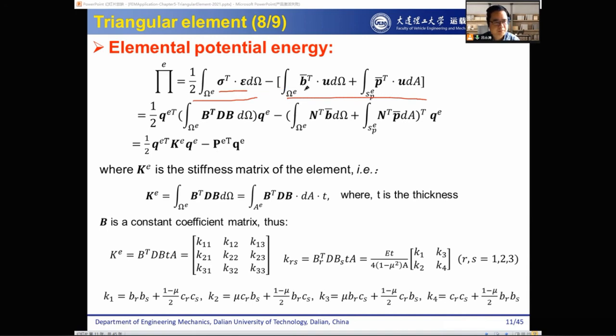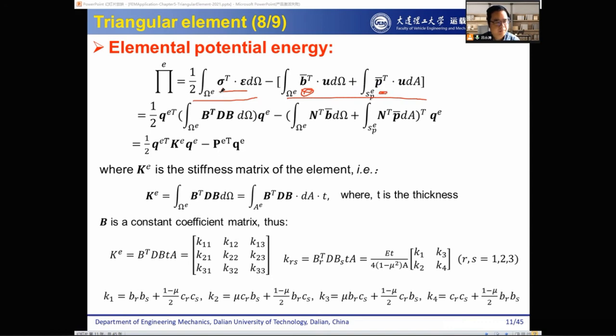So there's a body force here. The body force is the energy because of the weight of the element. And sometimes your weight is very small, so you can ignore this. And then this is the pressure, or the force at the node.